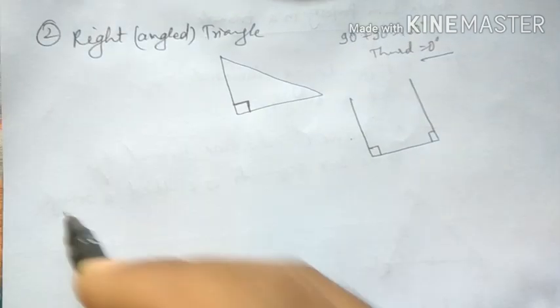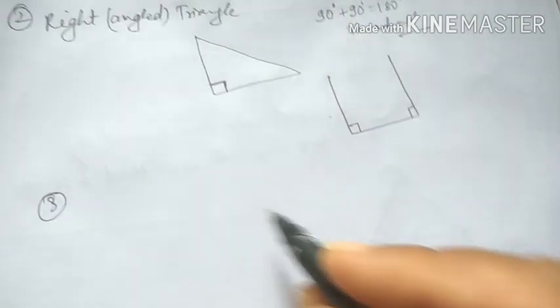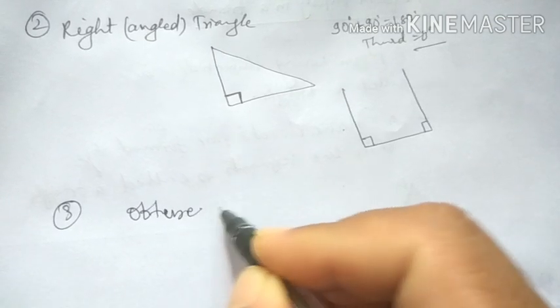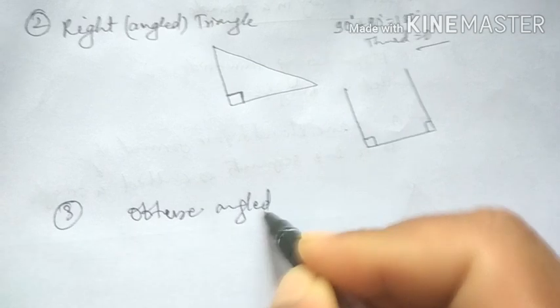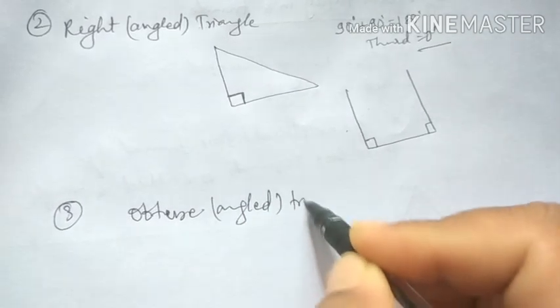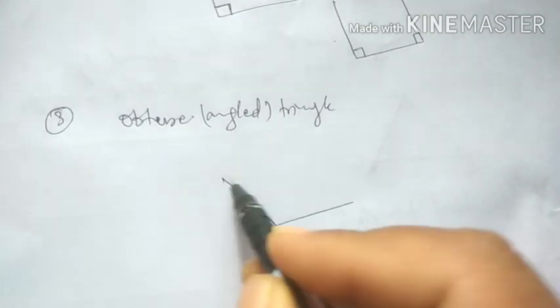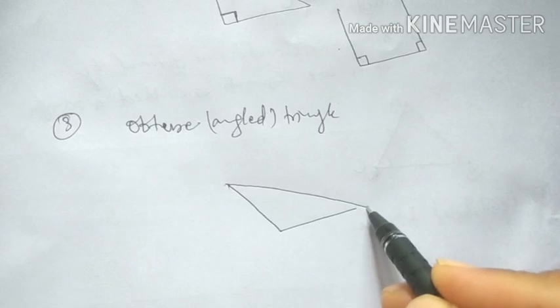Now third, obtuse angle triangle. What is an obtuse triangle or obtuse angle triangle? A triangle whose one of the angles is obtuse is called an obtuse triangle.